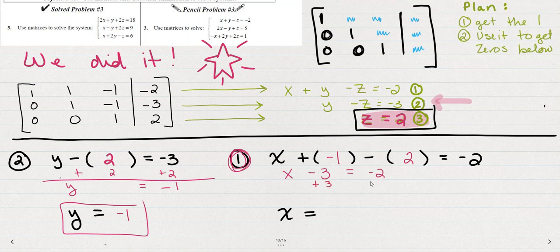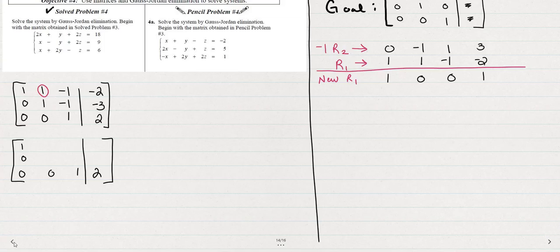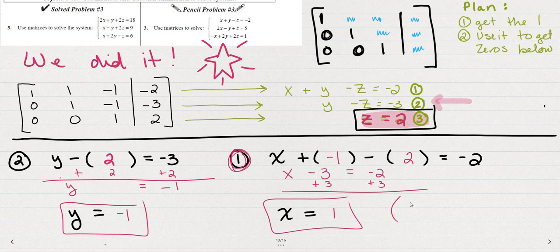Add 3 to both sides to get that x equals 1. And there we have it. We've got our solution now. And we could write this as an ordered pair 1, -1, 2. X is 1, y is -1, z is 2. And that is our final solution, our final answer.